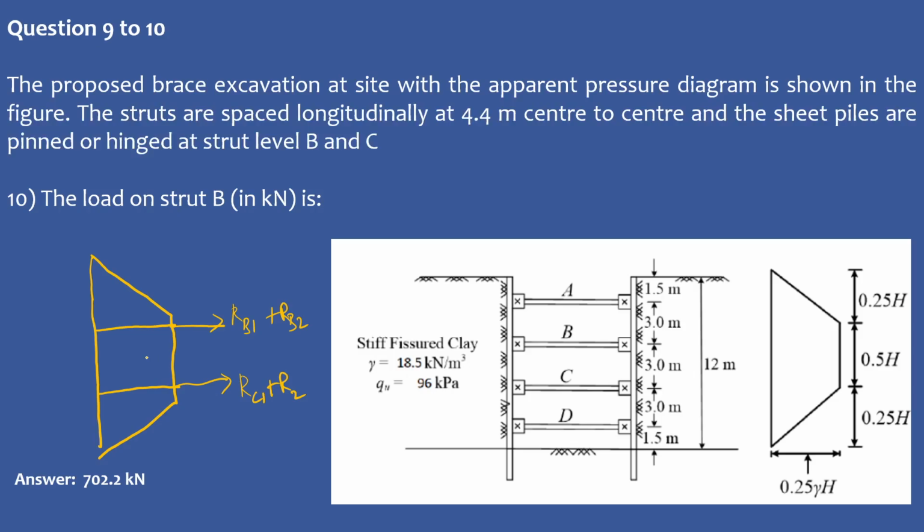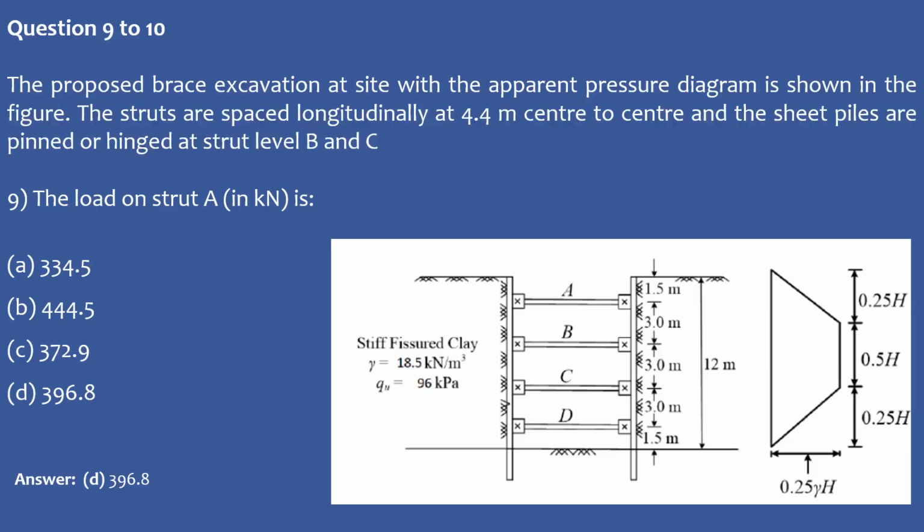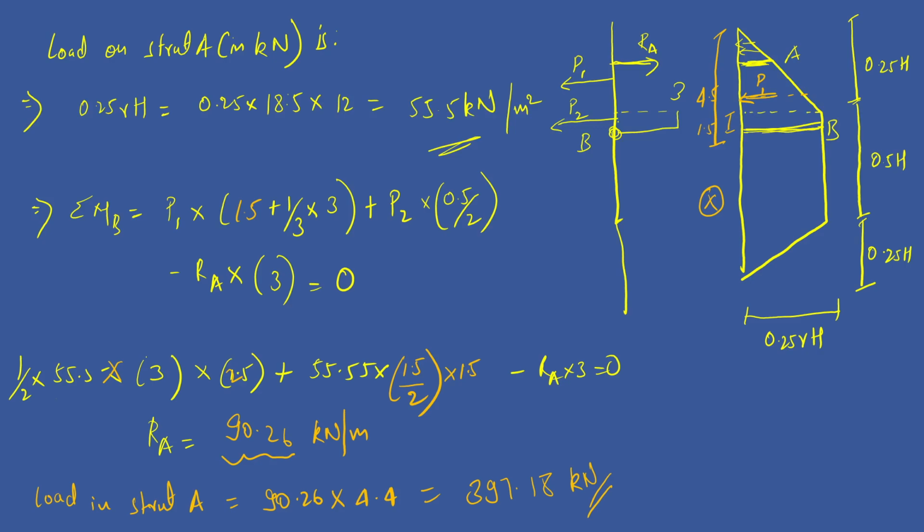RC1 will be supporting some of the soil above strut C, and RC2 some of the soil below strut C. We can utilize this concept to calculate how much total load is coming on strut B. We already know how to calculate RB1, so the calculation of RB1: we have already calculated the reaction at A. This is the pressure diagram which was available.